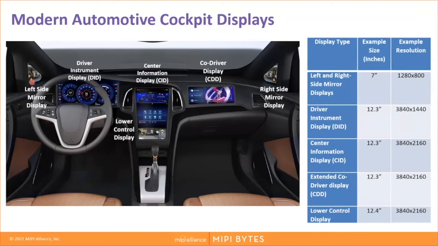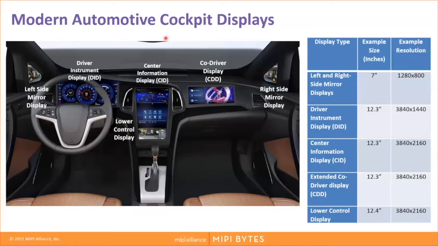You can see on the left side and on the right side mirror displays that have replaced the side glass mirrors. We have the driver instrument display, the center instrument display, co-driver display, and finally the lower control display. Not shown in this diagram, we also have probably the rear screen displays as well, and the replacement for the rear mirror display.